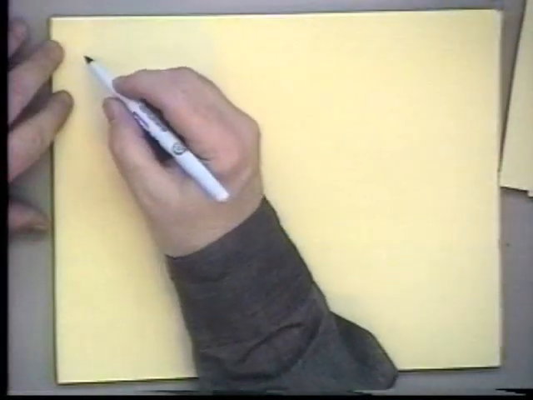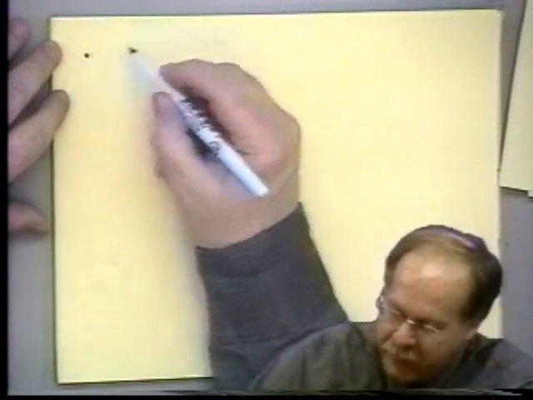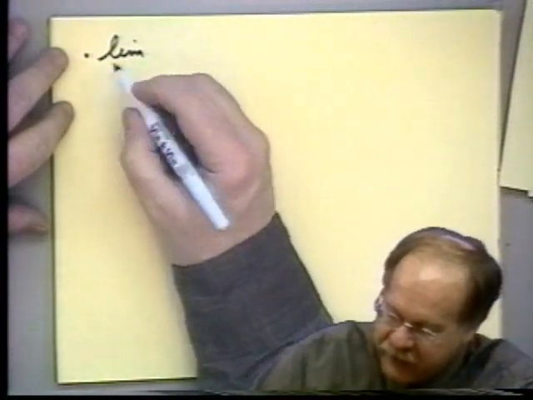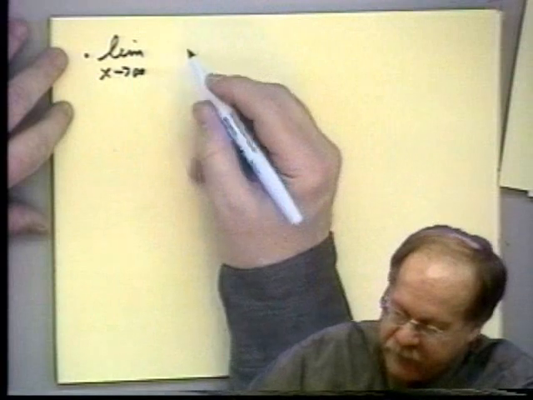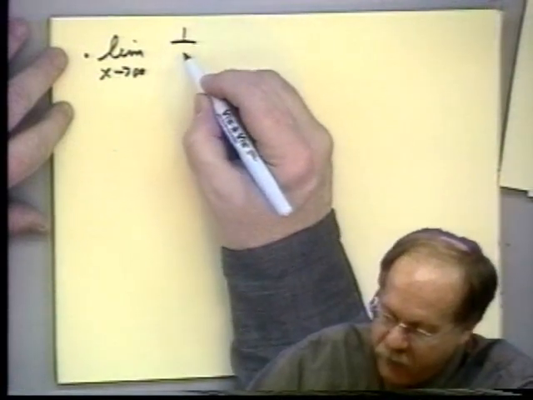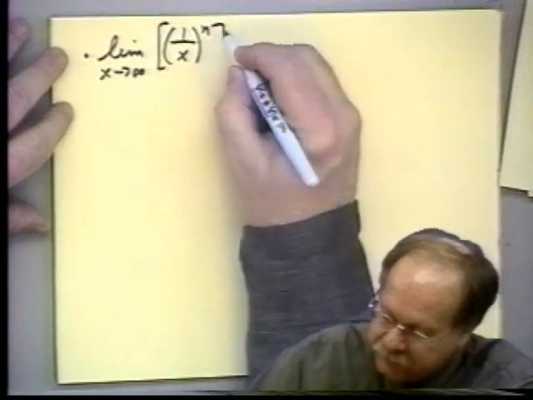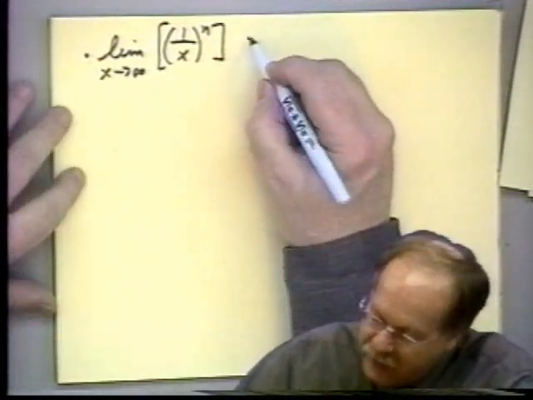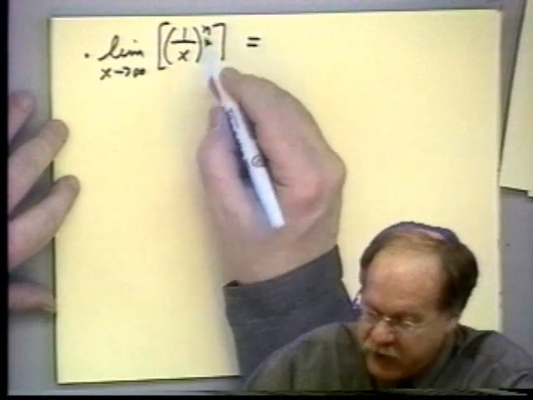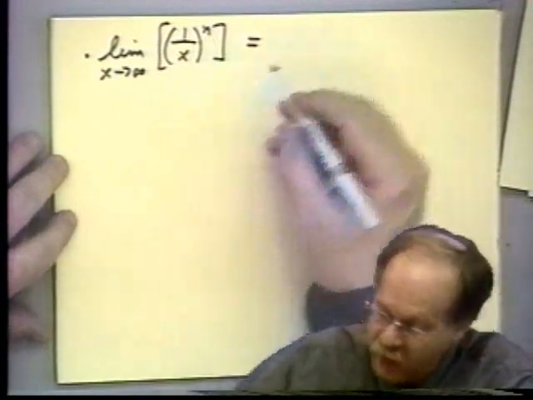Now there's one other that's very interesting and follows from the product rule for limits, and it's this case. This one we use a lot. Suppose you have 1 over x to the nth power. Then, since this is a function to the nth power, the same product rule holds.